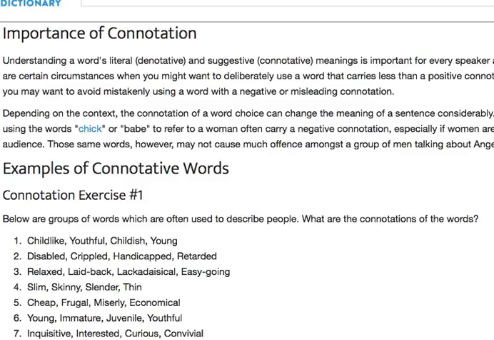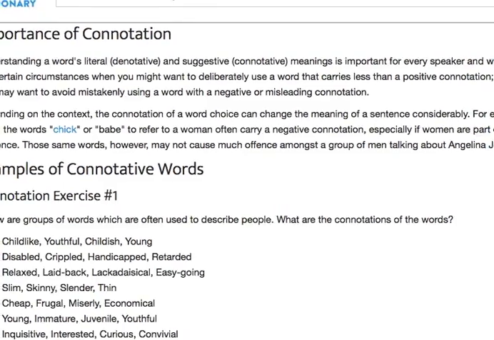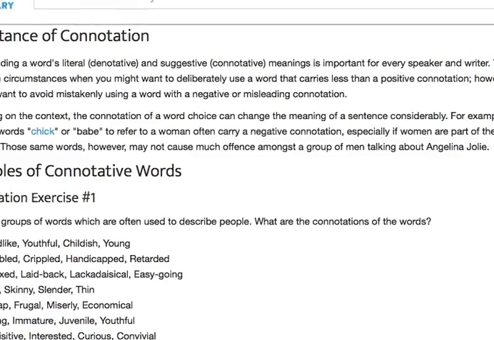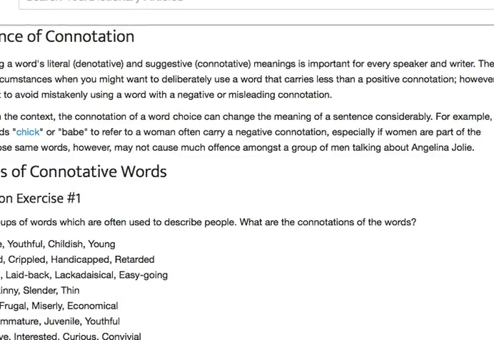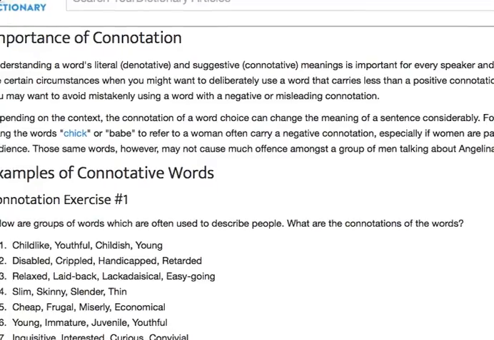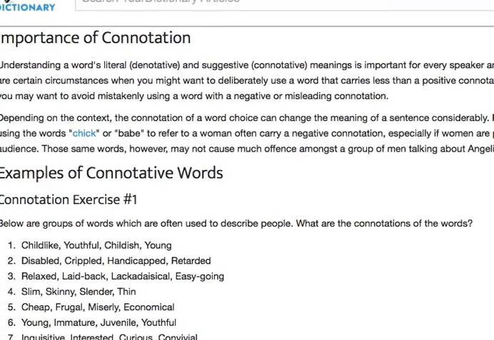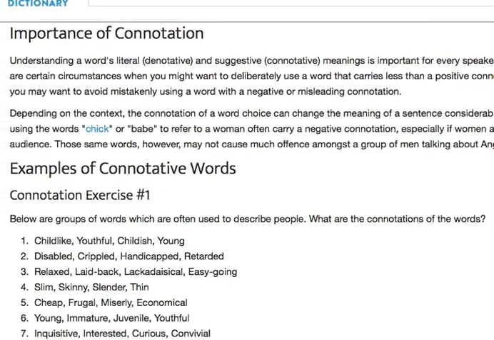Understanding a word's literal, denotative, and suggestive connotative meanings is important for every speaker and writer. There are certain circumstances when you might want to deliberately use a word that carries less than a positive connotation. However, you may want to avoid mistakenly using a word with a negative or misleading connotation.